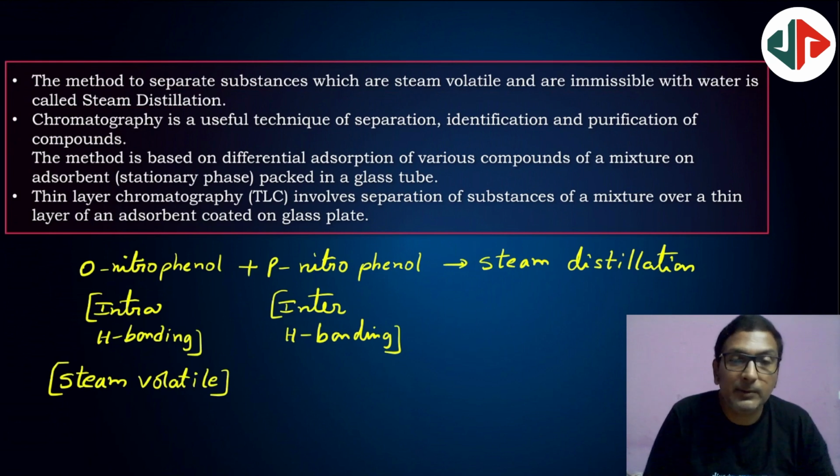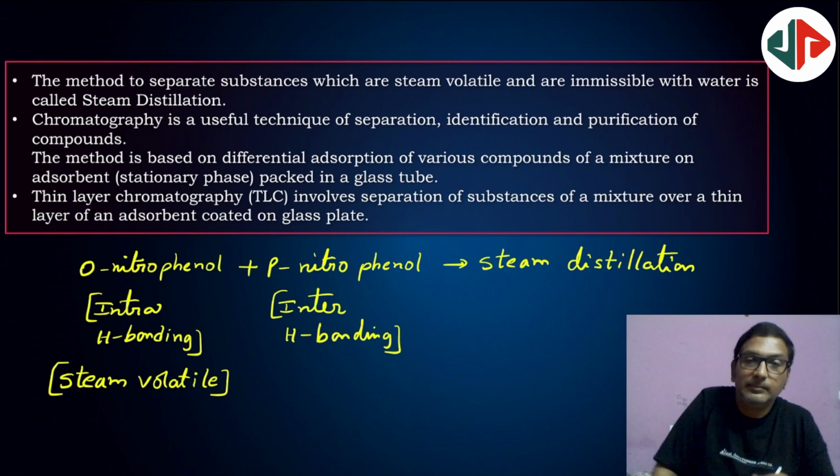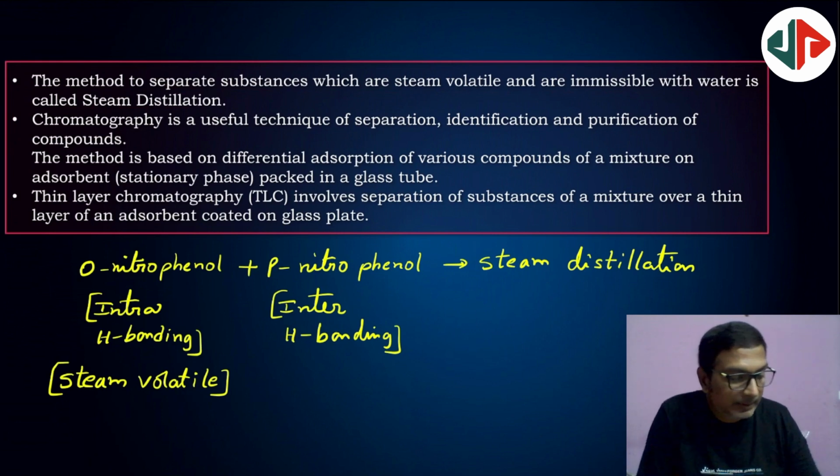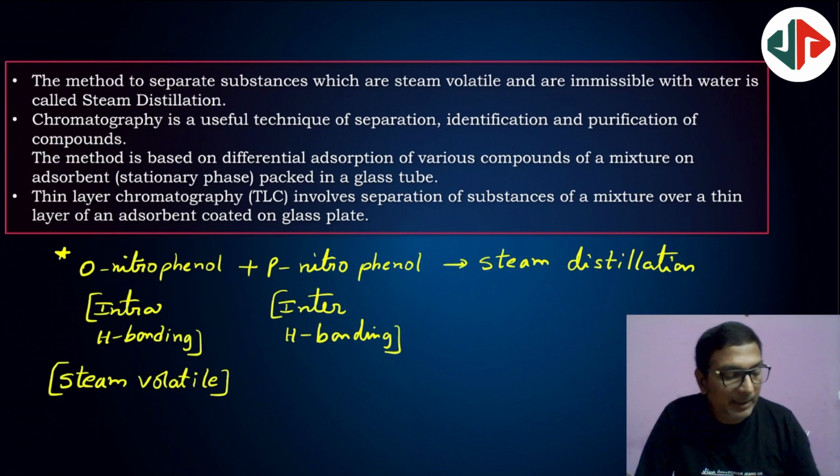So orthonitrophenol will be separated by steam, leaving paranitrophenol behind. When steam is passed through this mixture, since orthonitrophenol is steam volatile, it will be mixed with steam, leaving behind paranitrophenol.